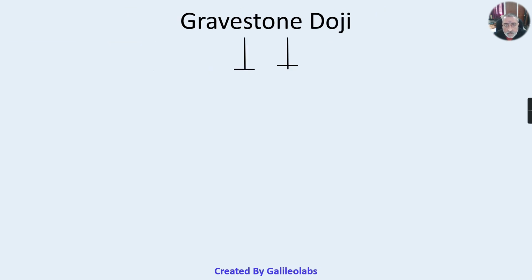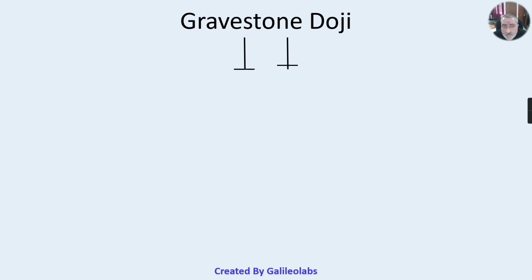So this is a gravestone doji. It has derived its name from a gravestone which is there in a graveyard. There is a long upper wick and there is no or a very little lower wick, and the opening and closing prices are either very near to each other or absolutely equal.